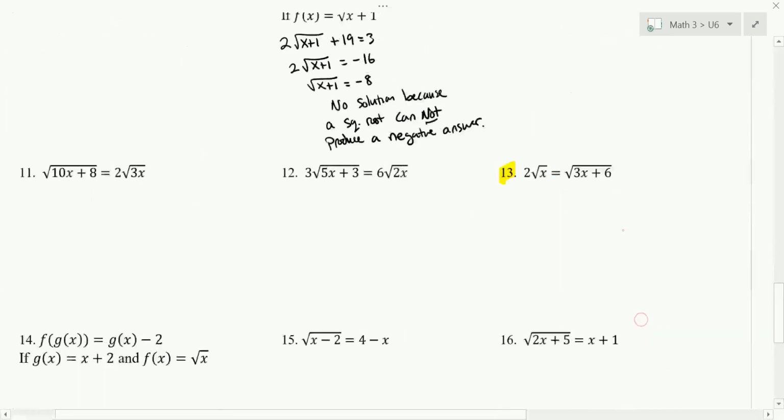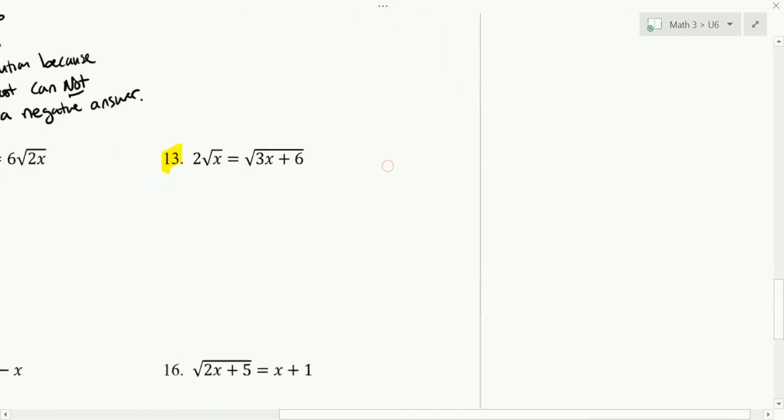Number 13. Isolate the square root. It is isolated on the right side, so we're going to leave it that way, and then get rid of the square root by squaring both sides of the equation. When you square the left side, you get 2 squared, which is 4, times x equals 3x plus 6. Subtract 3x from both sides, and you get x equals 6.